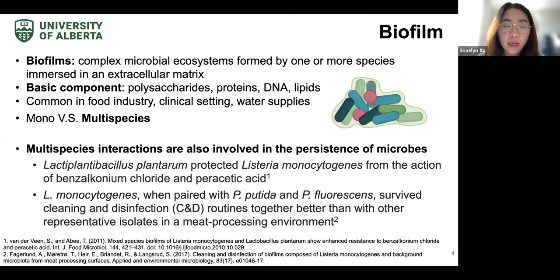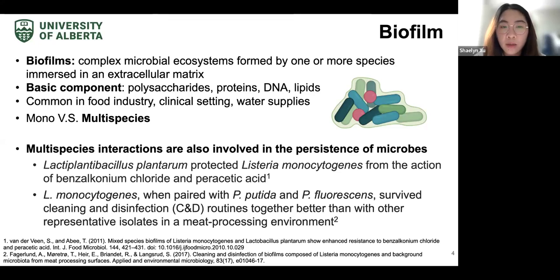Past studies have mainly focused on monospecies biofilm formation, while growing efforts are moving towards multi-species biofilm formation by reconstituting those multi-species isolates and growing them under simulated environments to understand their interactions.